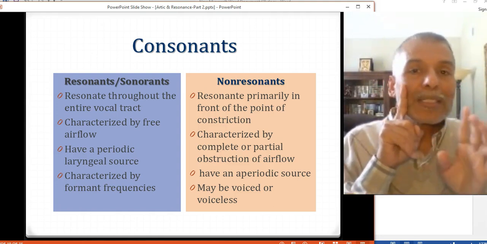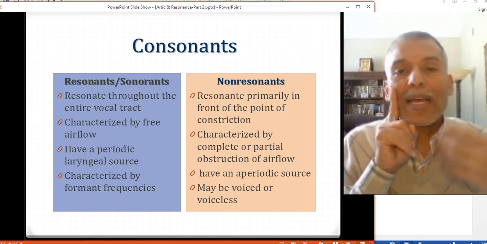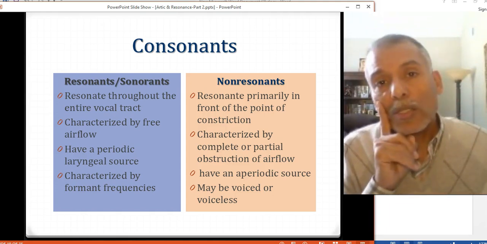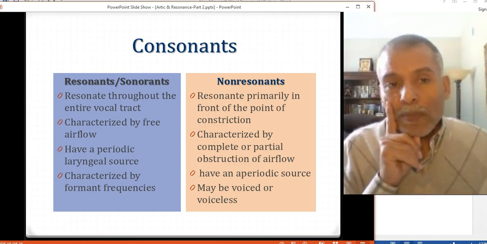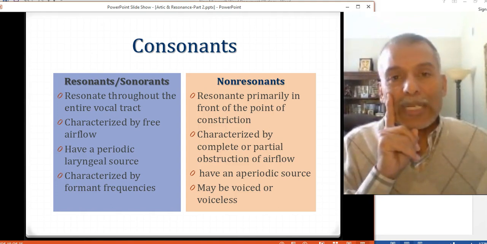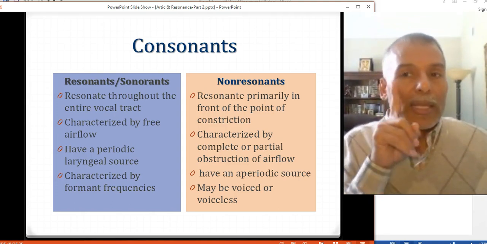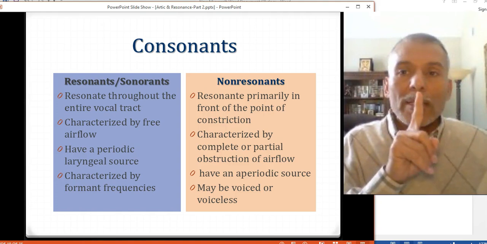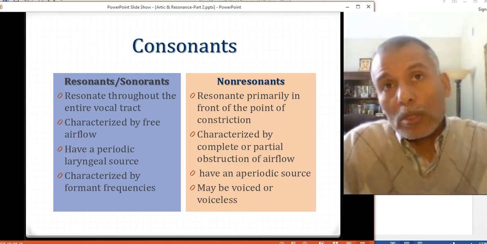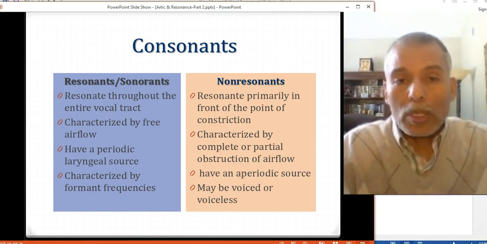All that room is a place that has resonance. But behind the constriction, there is no resonance. So again, non-resonant sounds only resonate in the area between the constriction and the lips, while resonant sounds resonate throughout the vocal tract.